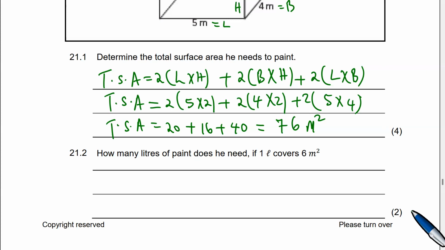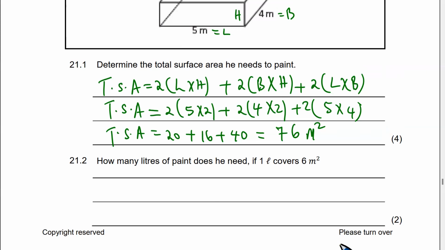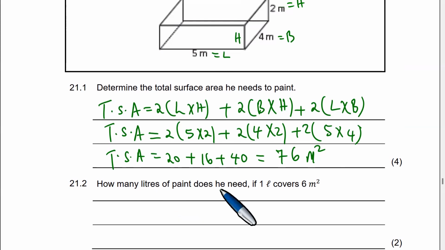Okay, I hear your point. You're saying it's going to need, because remember, how many liters of paint does it need if 1 liter covers 6? And right now you have these, but how will it be painted? Because this is the total surface area.